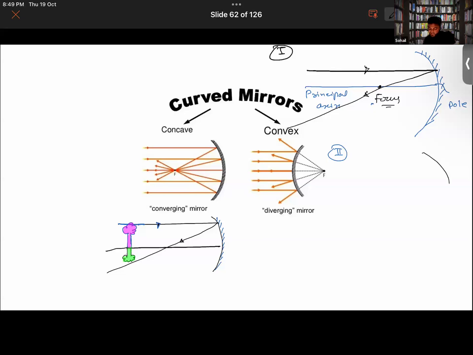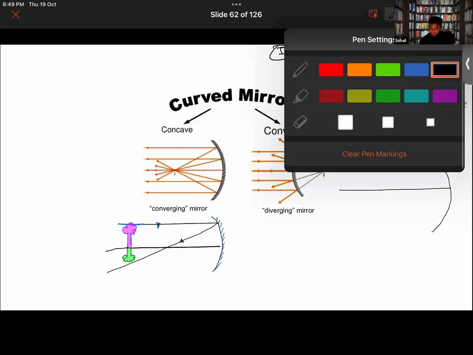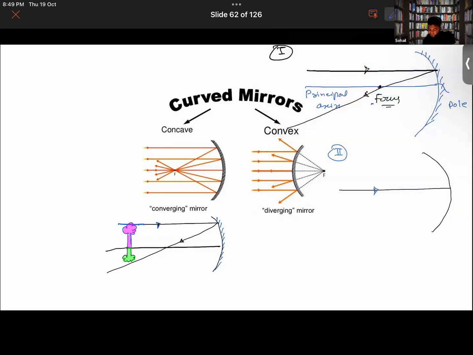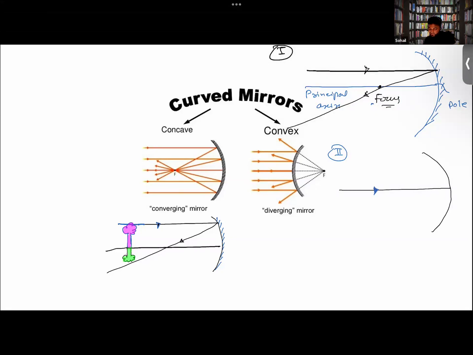That is the focus point. Is that clear, Sundus and Chakrika? Yes, sir. The second law basically says that if a light ray falls at an angle of 90 degrees, perpendicularly to the concave mirror, it will reflect back in the same direction. Is that clear?